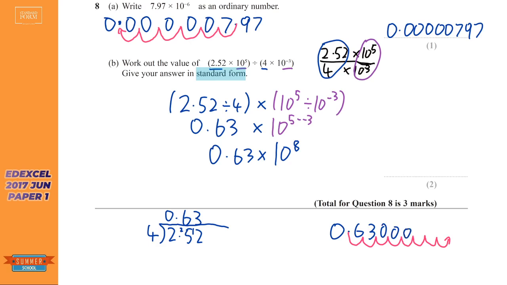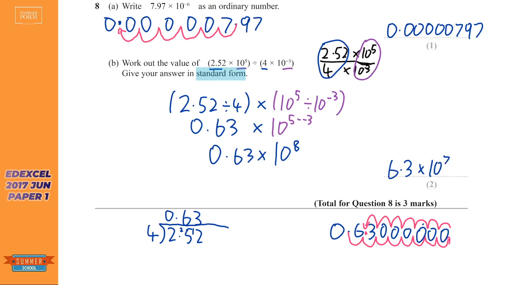Put the zeros in. Okay, and then I need to convert it so that it is a number between 1 and 10. So I then convert it back. So 1, 2, 3, 4, 5, 6, 7. So the decimal point will go here. So it will be 6.3 times 10 to the power of 7.